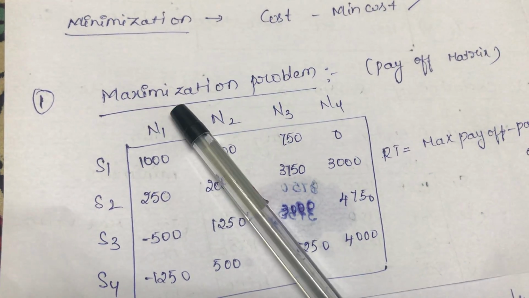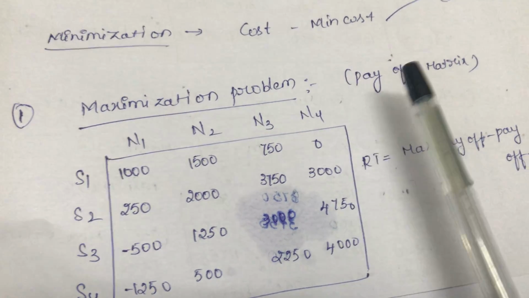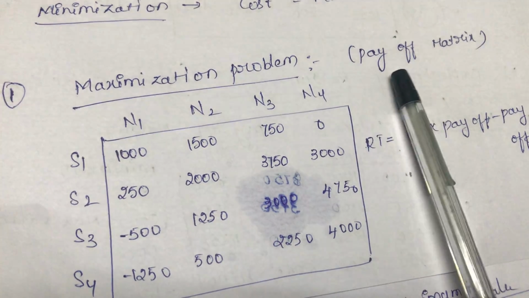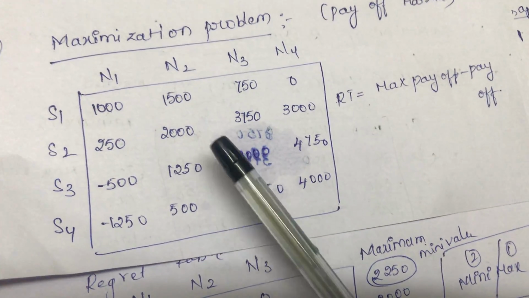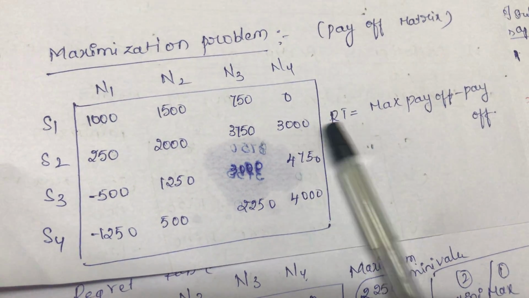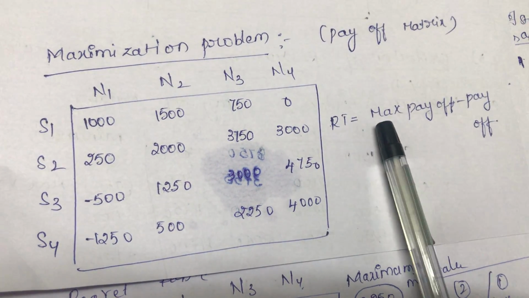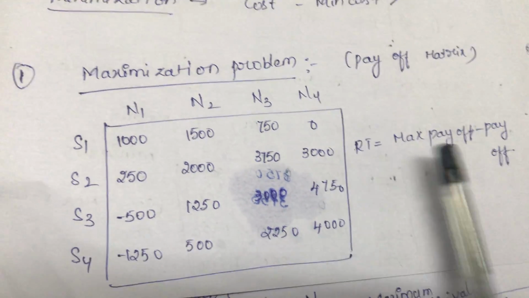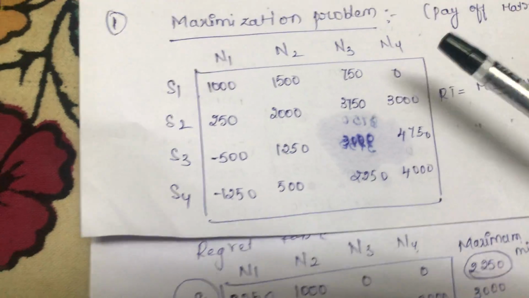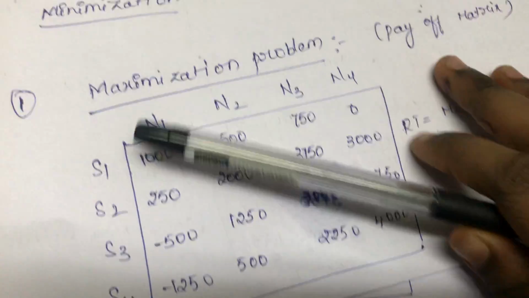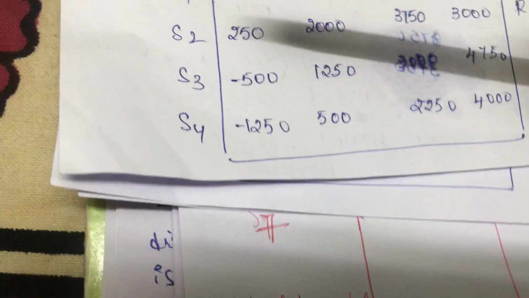First method is a maximization problem. If we are doing a maximization problem, then that matrix is called a payoff matrix. Here I took the same 4x4 matrix. To find the regret table, first you have to use the formula maximum payoff minus payoff. Suppose I take the first column, so column-wise we have to do it here.